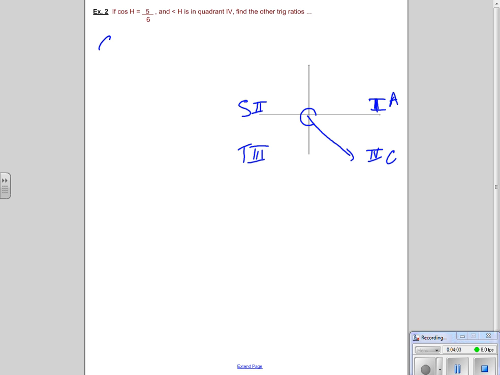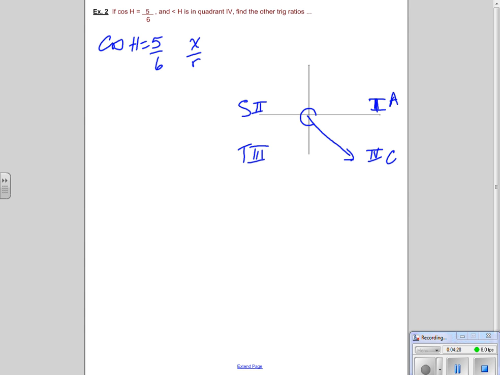I know that cos h is 5 over 6, which is x over r. Does it make sense that your x value is positive in that quadrant? Absolutely. And your r value is positive always. So our y value that we're expecting to find is going to be negative. That's why the picture is worth 1,000 words.